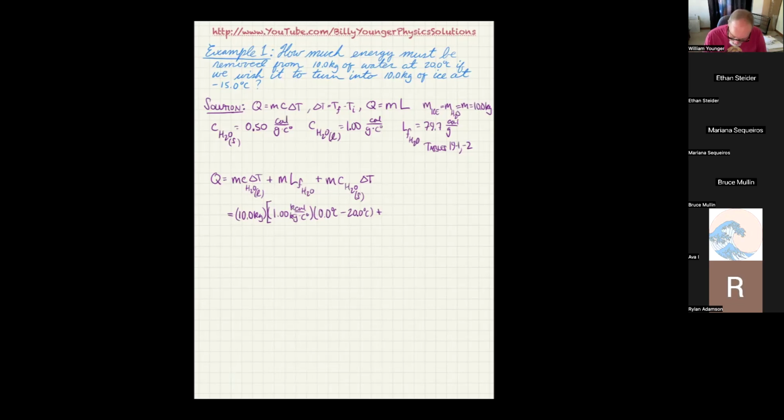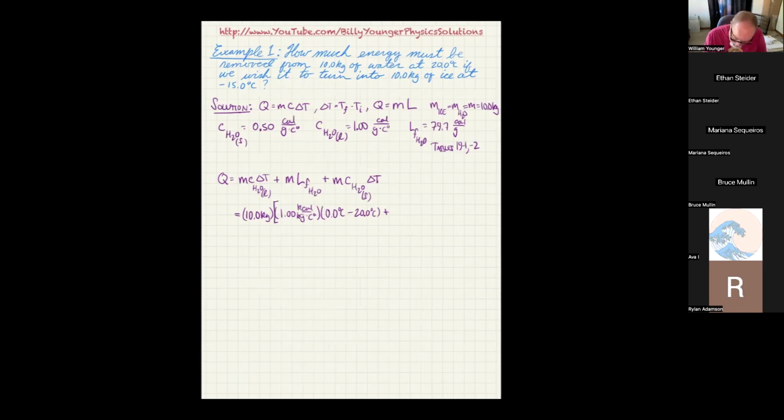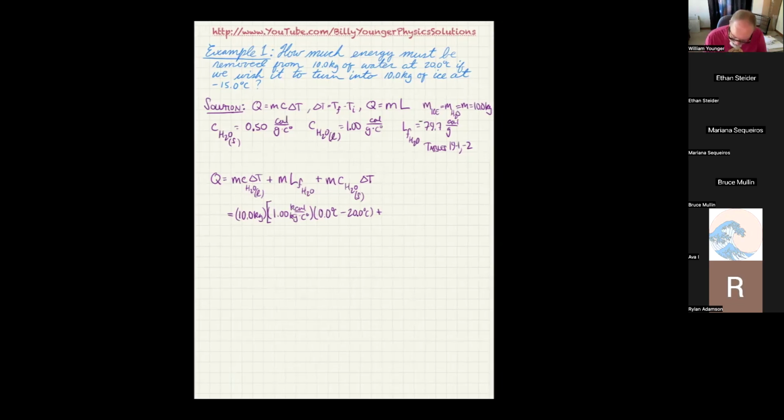Now I'm going to say the latent heat of fusion. I'm going to force this to be negative because I know I have to take heat out. So I'm going to write negative 79.7 kilocalories per kilogram. And that takes care of the heat of fusion term.